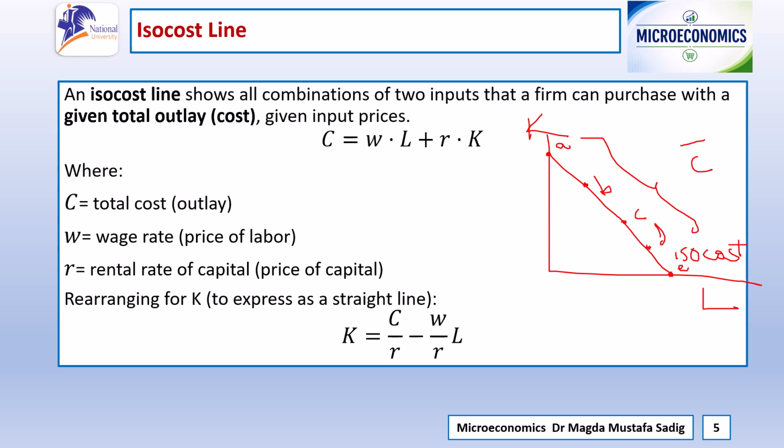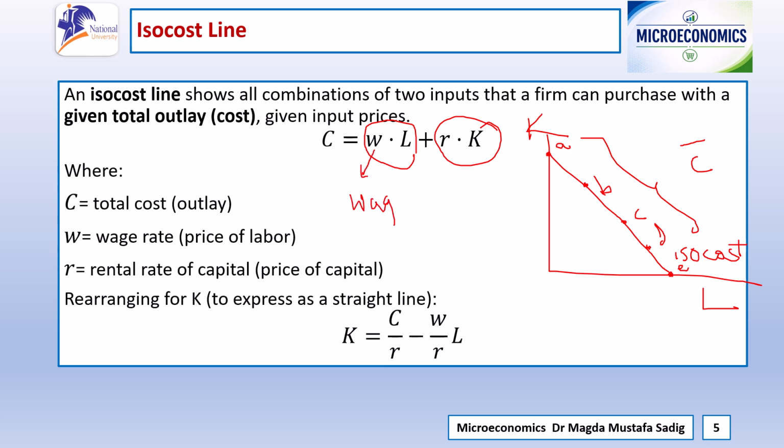So suppose a firm's production budget is $10,000. There are many different combinations of labor and machinery that together cost exactly $10,000. So let us take this, the cost of labor and the cost of capital. Why do we say W? Because it is wages.